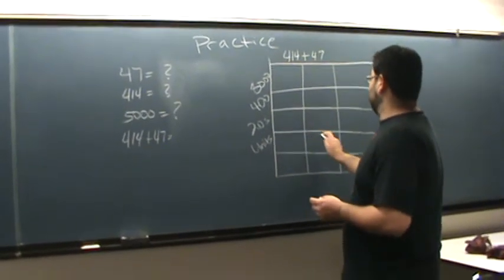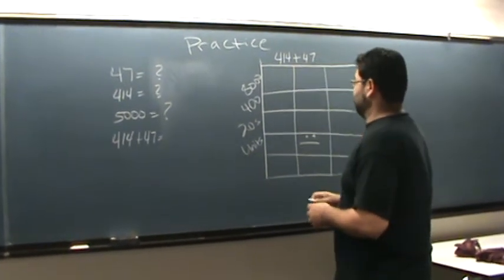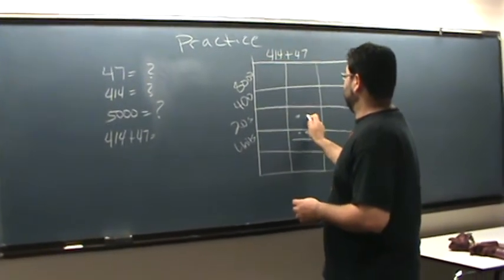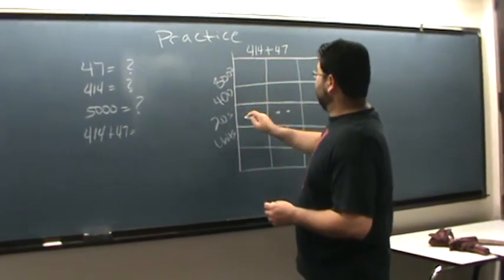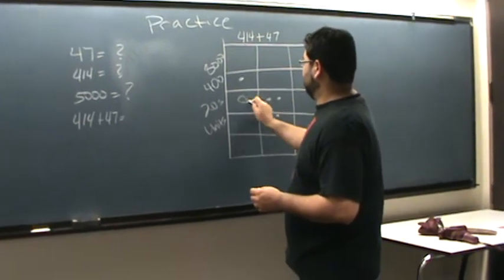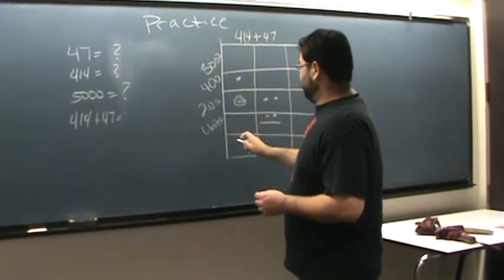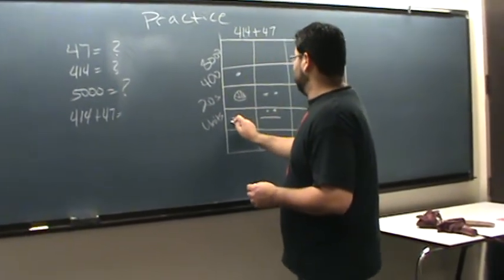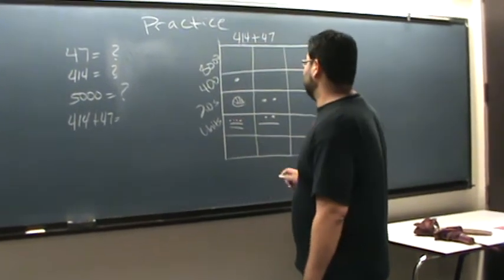So we have 7 in the units and 40. So this would represent 47. We got 414, so we have 1, 400, 0 in the 20s, and 14 in the units. So there's 10, 11, 12, 13, and 14.